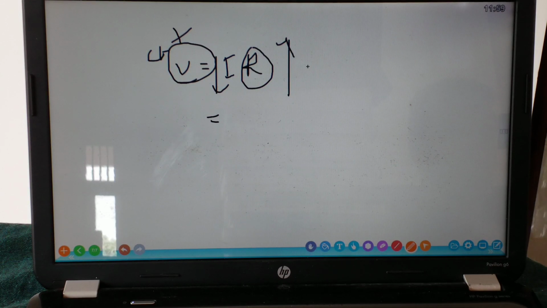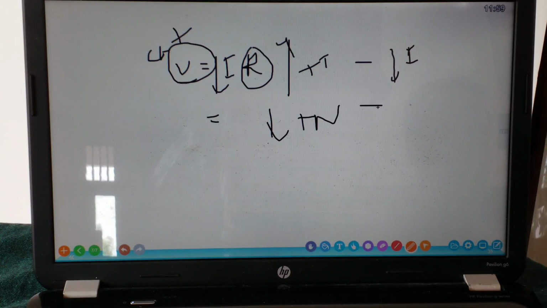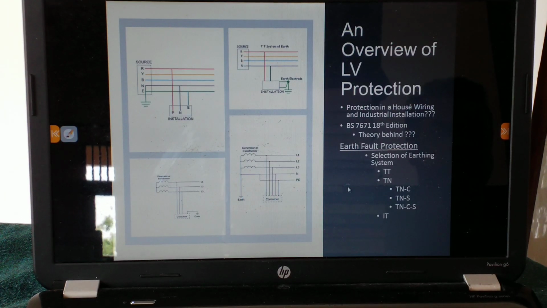So what happens in TT: R goes high, very low current. But in TN, R goes very low, I goes very high. So you can experience a very high fault current in the TN system, while you experience a very low fault current in the TT system. And let's go back to our slides.